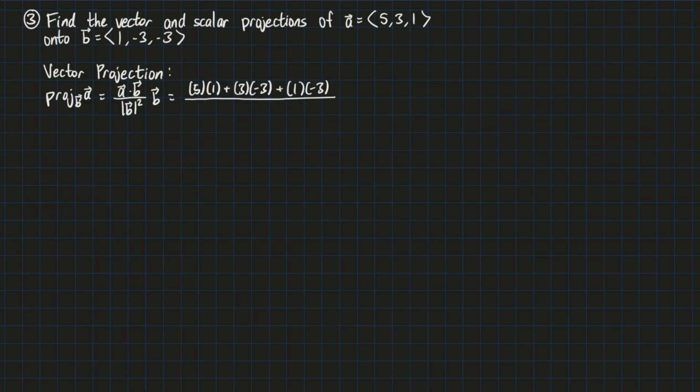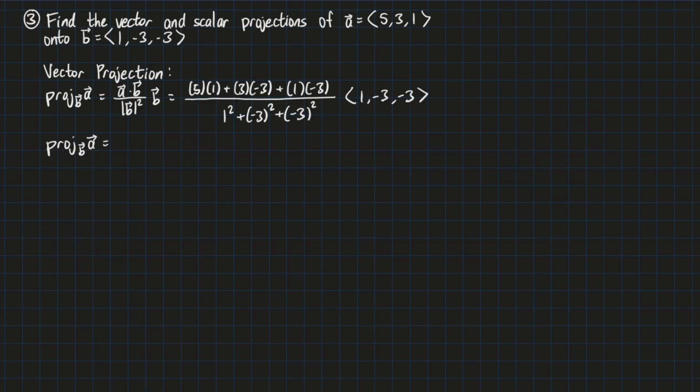The magnitude of B is the square root of the sum of the components squared. But since this is squared, the square and the square root will cancel each other out. So we'll just have the sum of each component of B squared. This ends up being 1 squared plus negative 3 squared plus negative 3 squared. And then we multiply this with vector B, 1, negative 3, negative 3.